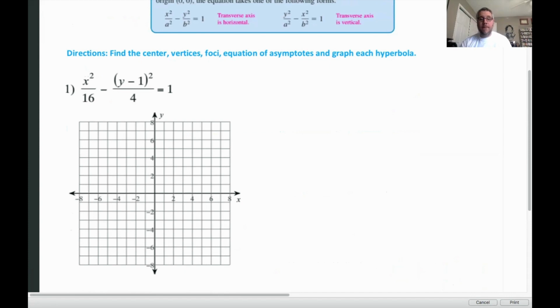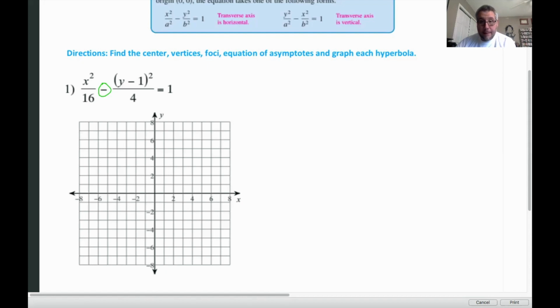Example 1, we have a hyperbola. Note that we have a minus in between the two fractions. That's one of the ways to spot it, to make sure that we're not talking about the ellipse. So I have a blank graph here, just like you do. So here is how we will graph this.